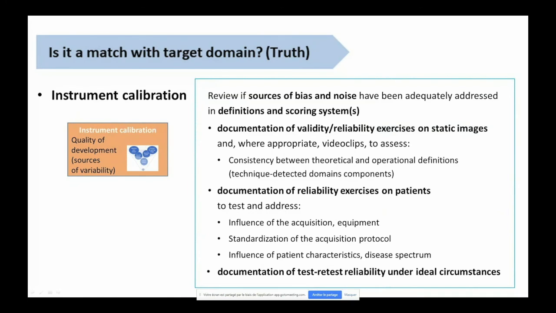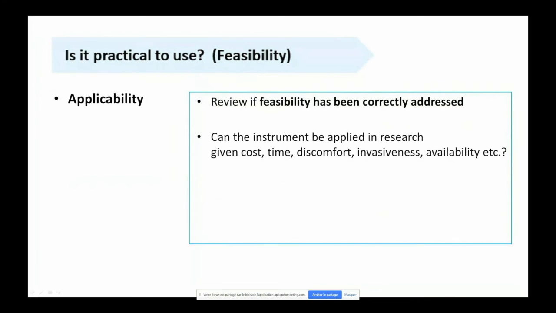So before looking at the studies that apply the instrument in clinical trials or longitudinal studies, we should be sure that we can find studies that address this aspect of the development of the instrument: the sources of variability once the scoring system is proposed and the definition of what should be measured.